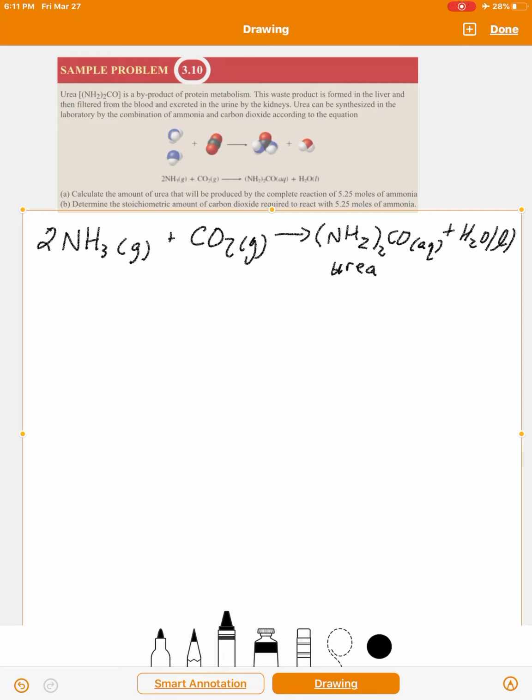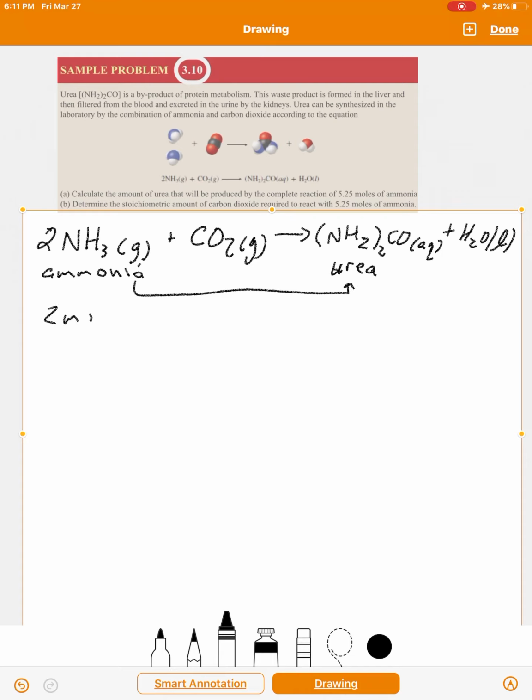So in part A, it says calculate the amount of urea that will be produced by the complete reaction of 5.25 moles of ammonia. So here's how we approach it. The relationship between ammonia and urea is a very simple one.